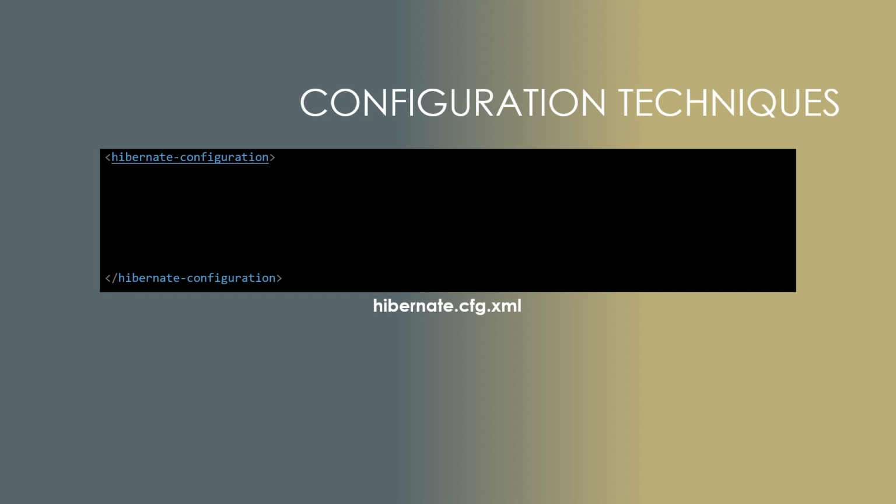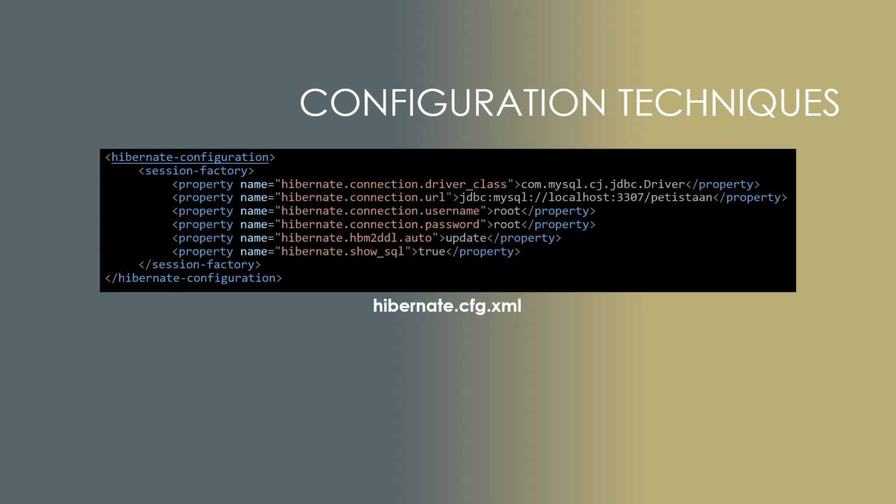So the first one is you go for again an XML file. The name is generally hibernate.cfg, where CFG stands for configuration. Hibernate.cfg.xml, and this is the general way. You say hibernate-configuration, then you will create something like a session factory. I will say what this session factory is in some time, and then you provide all the properties.